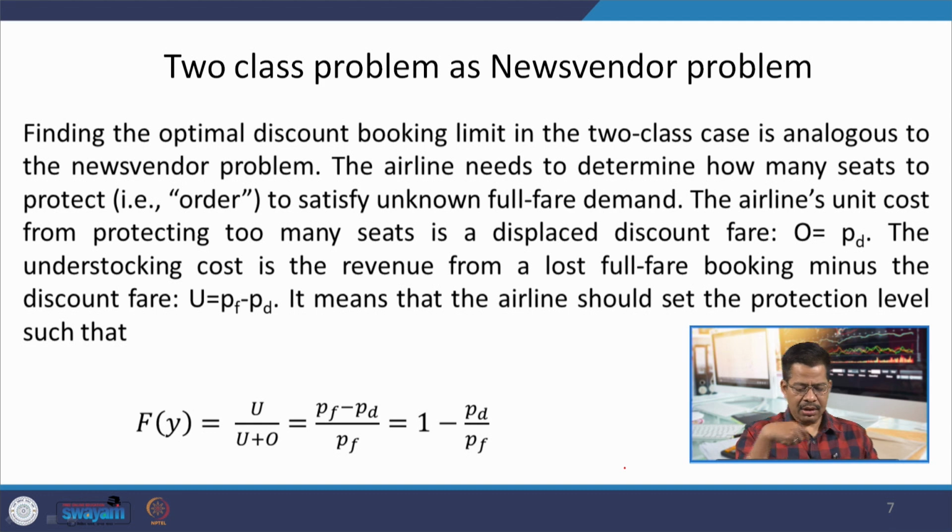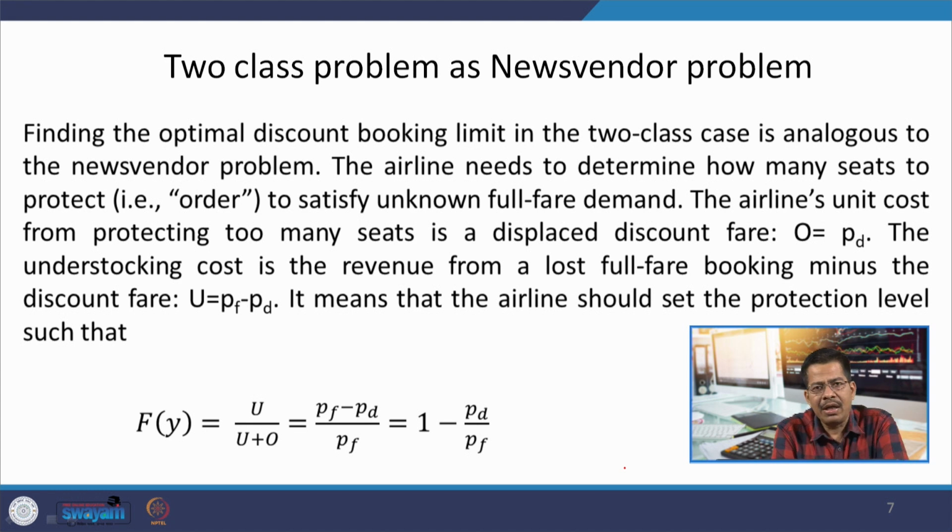And this issue of optimal discount booking limit is also very similar to this news vendor problem, because in that problem and in this booking system also you have a single opportunity. If you cannot decide properly how many newspapers you want to keep in the morning, you will lose that opportunity of earning the profit.